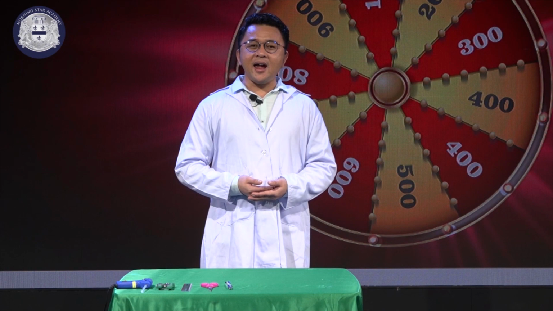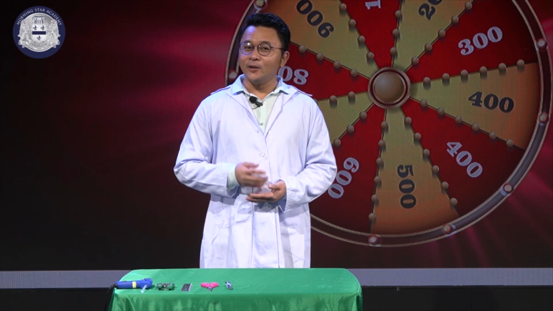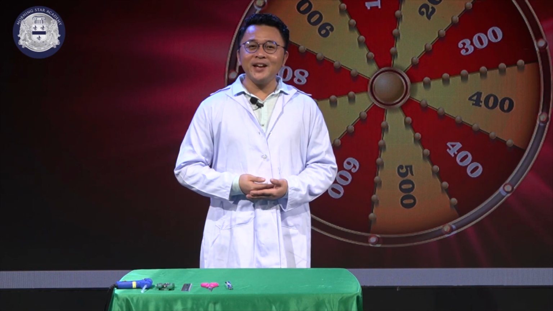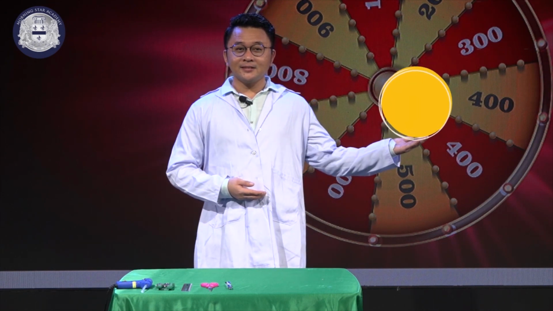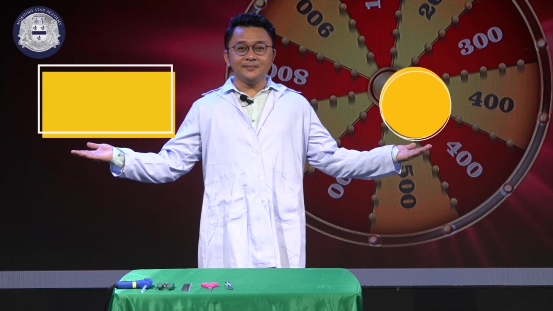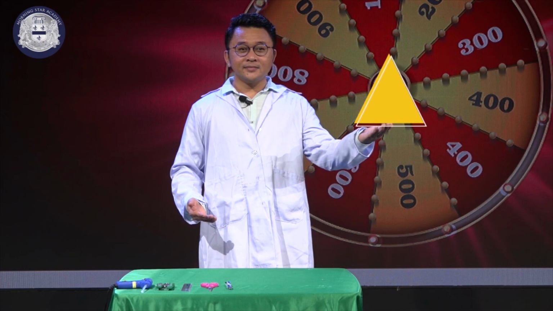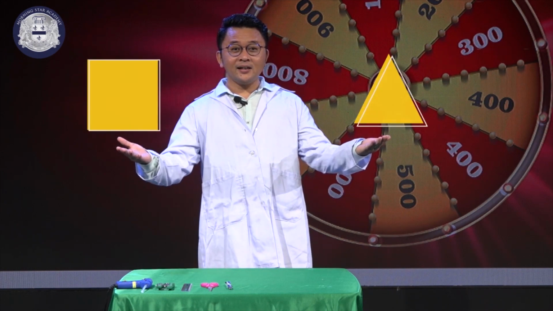And kids, for the second element of art, we'll try to guess, we have the shape. We have the circle, rectangle, triangle, square.